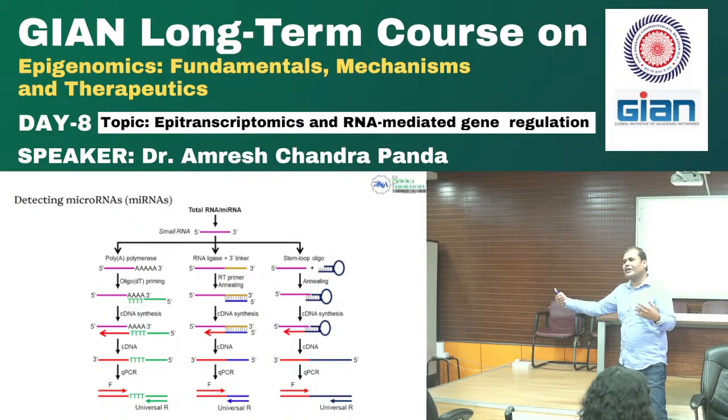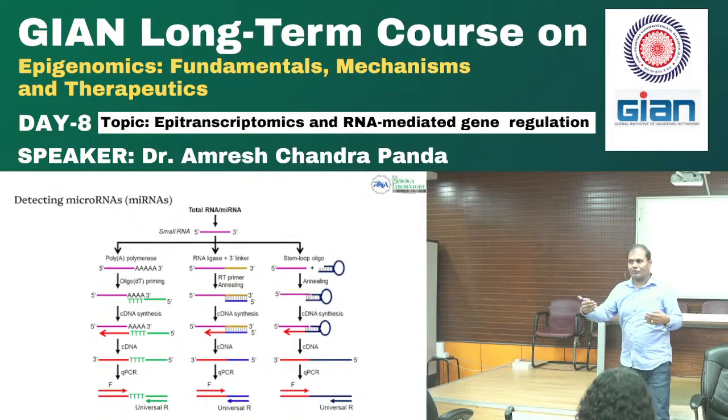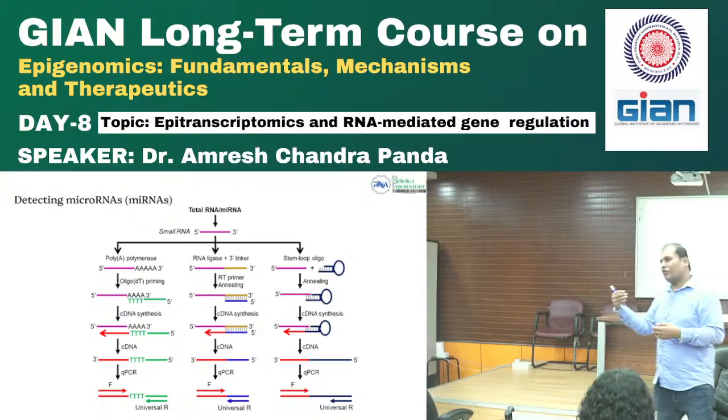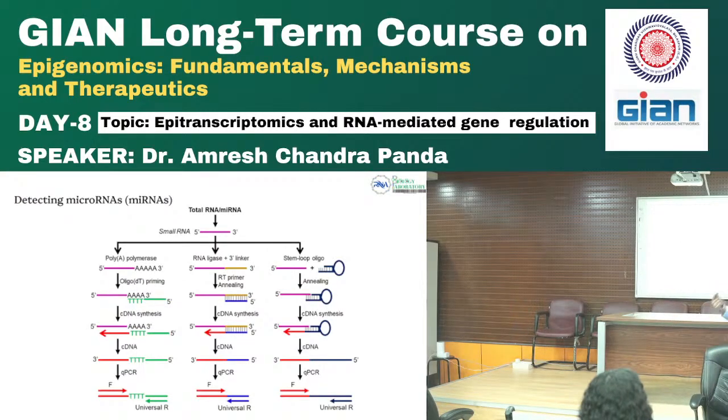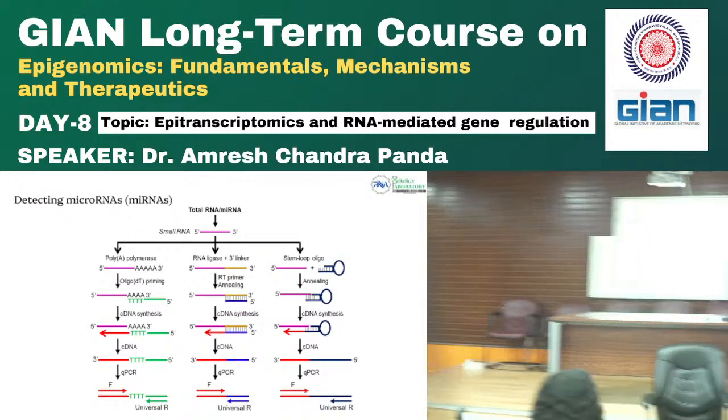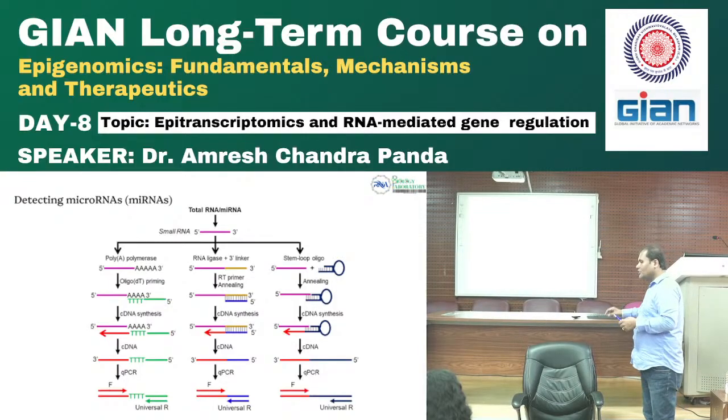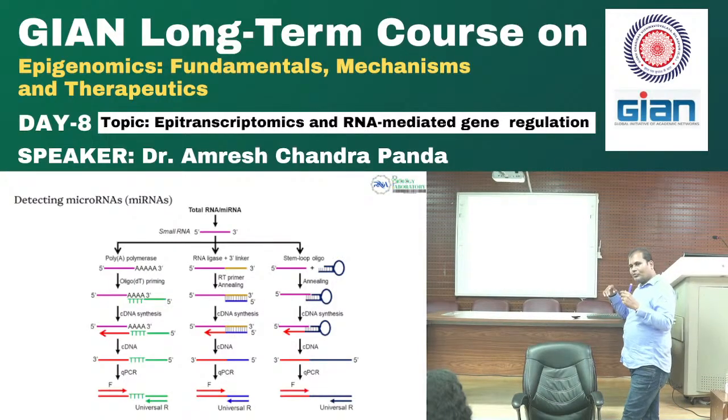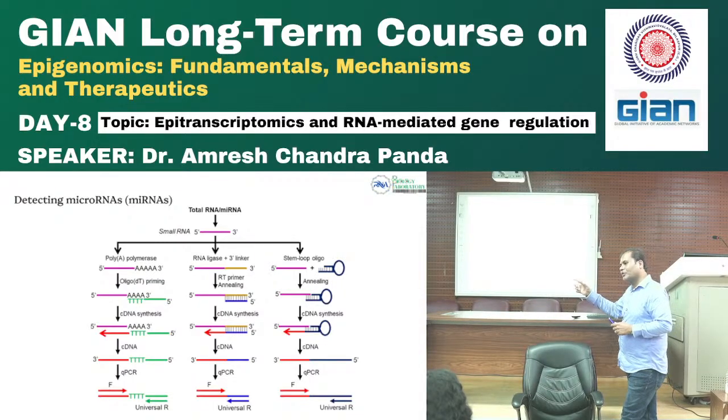Now you can make the cDNA with an oligo complementary to your adapter sequence, then go for the PCR. Or the other option is to have a stem loop primer, which can be longer, with a small stretch of the oligo binding to the 3' end of the microRNA, and that can extend through the cDNA synthesis.